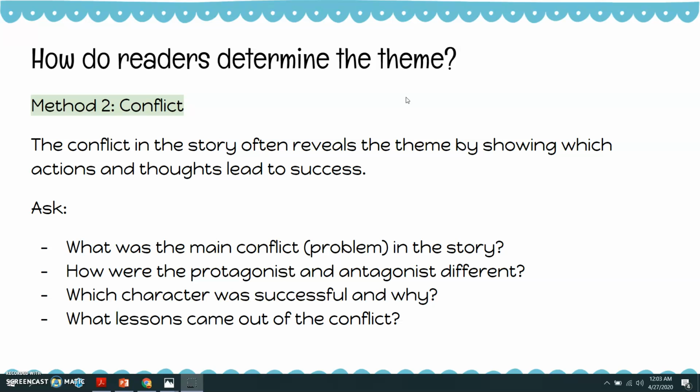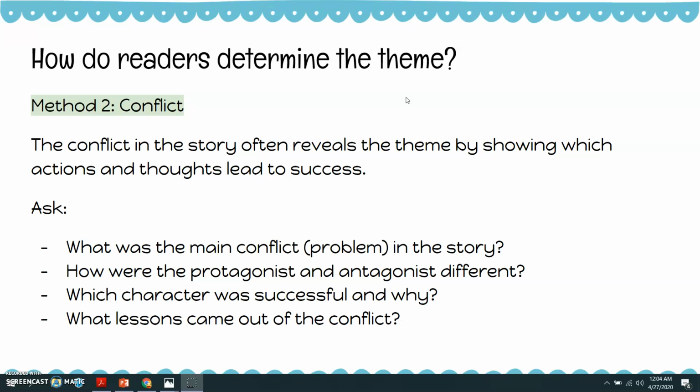Or there's an external conflict where they may be having a problem with another character. So we can look at the character's actions and the thoughts that they have in order to determine a theme.